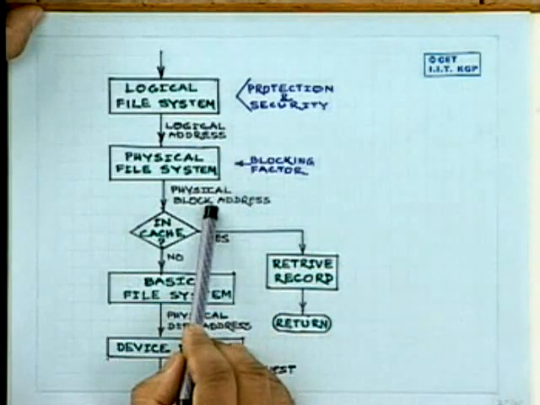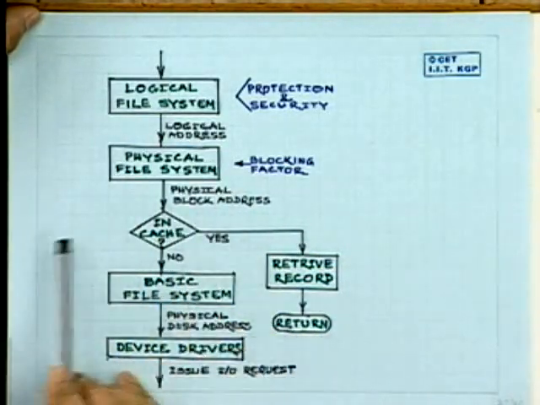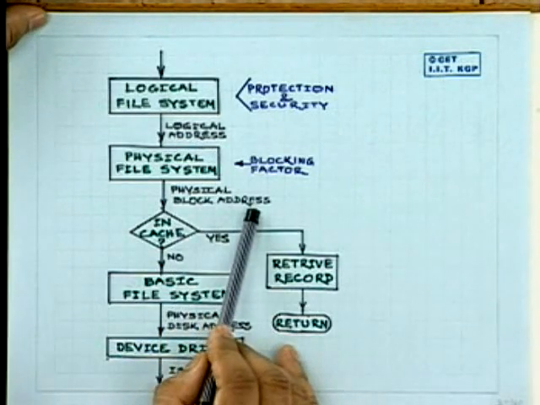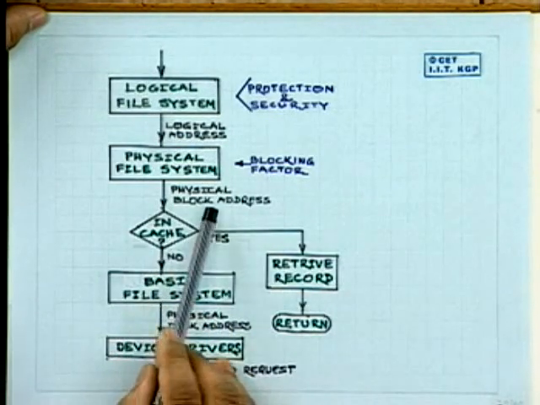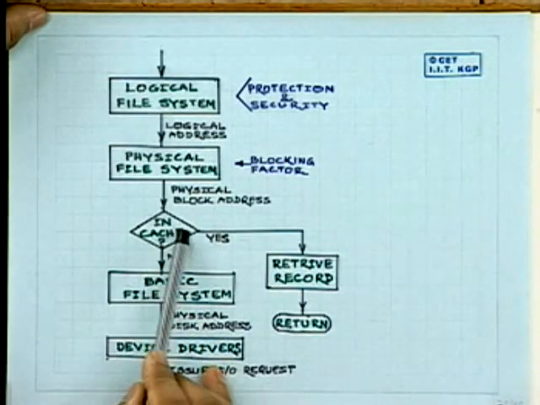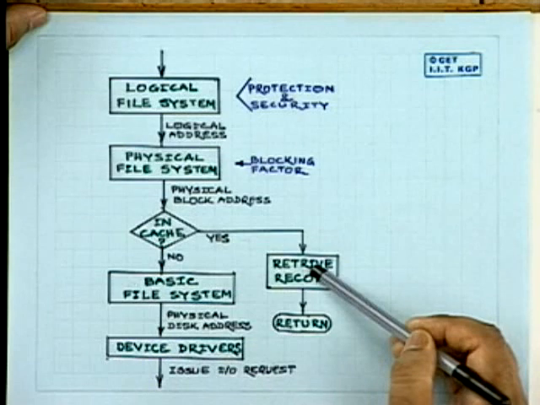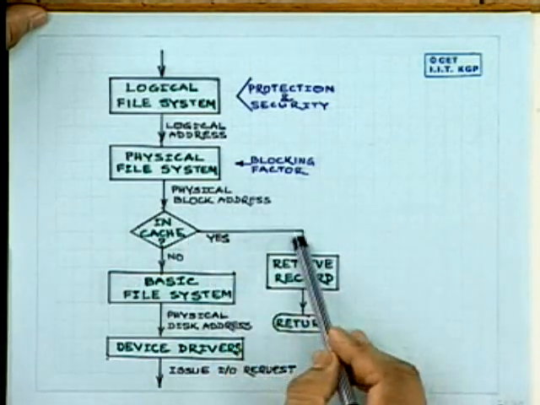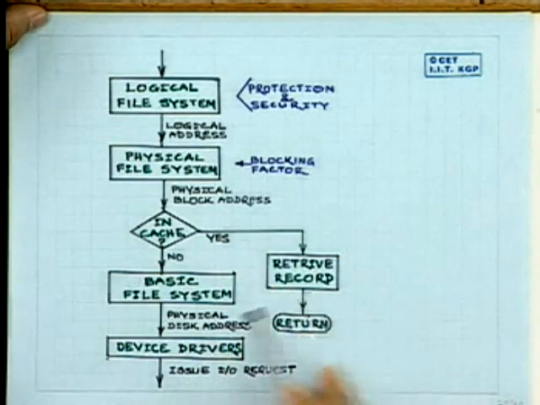If you have to access a particular record, you'll have to find out which particular physical block this logical record is in, and that is found out by the physical file system. Once you have the physical block address, check whether that physical block is in the cache or not. If it's in the cache, naturally you retrieve the record and return. Very little time is needed.